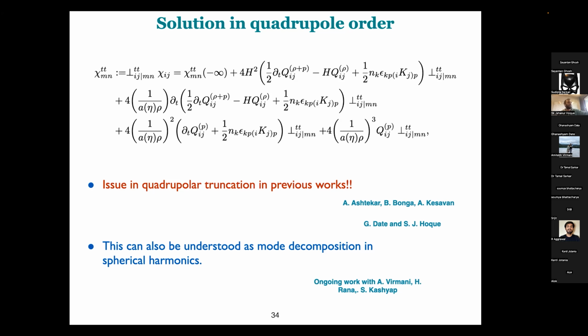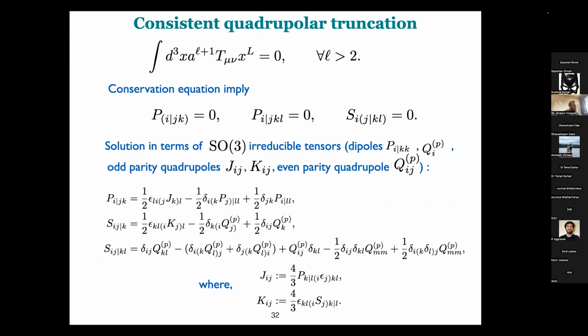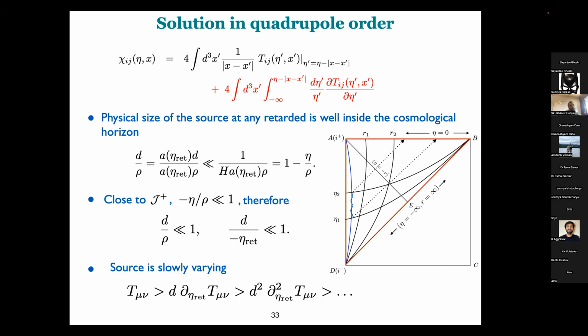Similarly, this one. So this is up to the quadrupolar order. I must say there is some issue in the quadrupolar truncation in the previous work done by Abhay Ashtekar and some of my PhD work. What we did was just look at the leading order term. The catch is that if you look at the S_ijkl, they can generate the Q_ij term from the higher order terms in the Taylor series expansion.